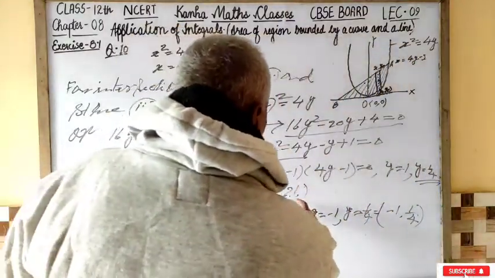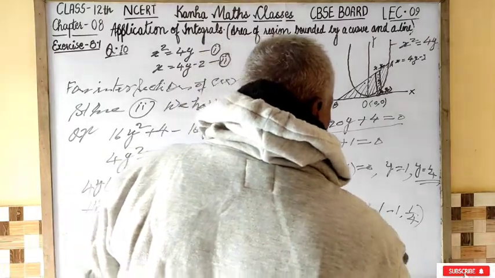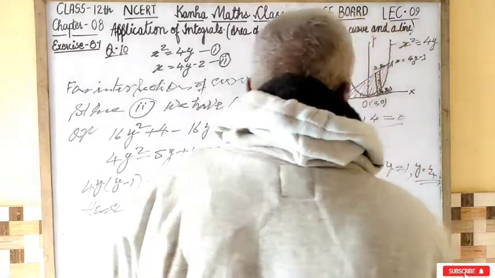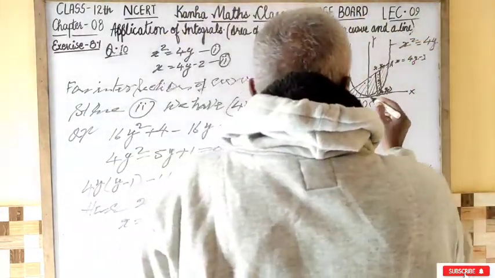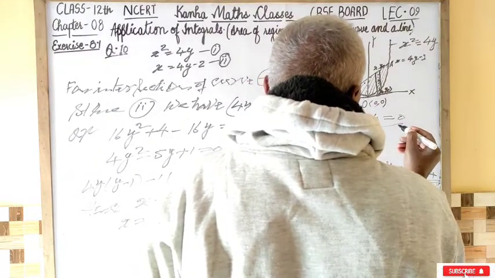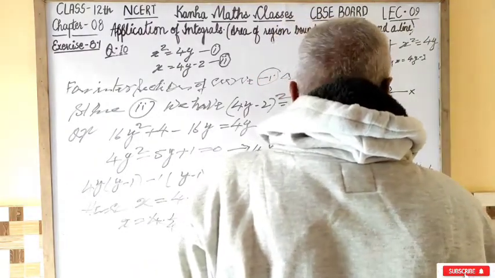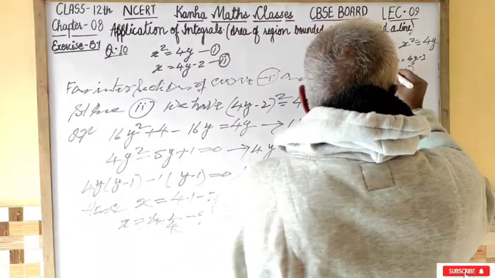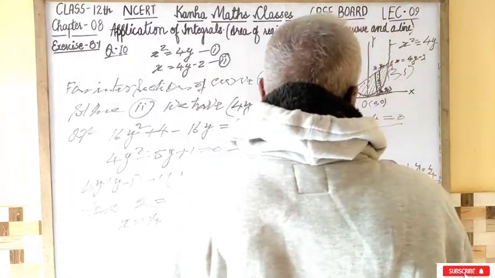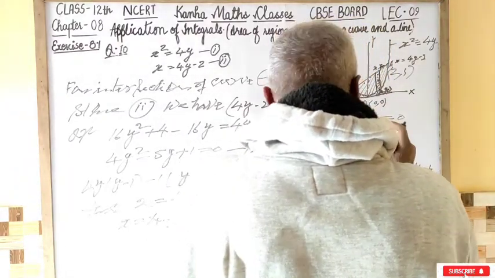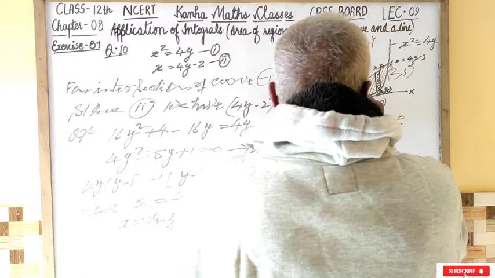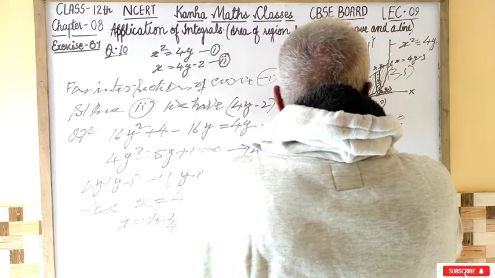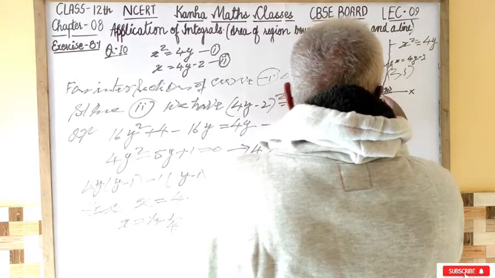Here there are two points of intersection: in the positive direction (2, 1) and in the negative direction (minus 1, 1 by 4).